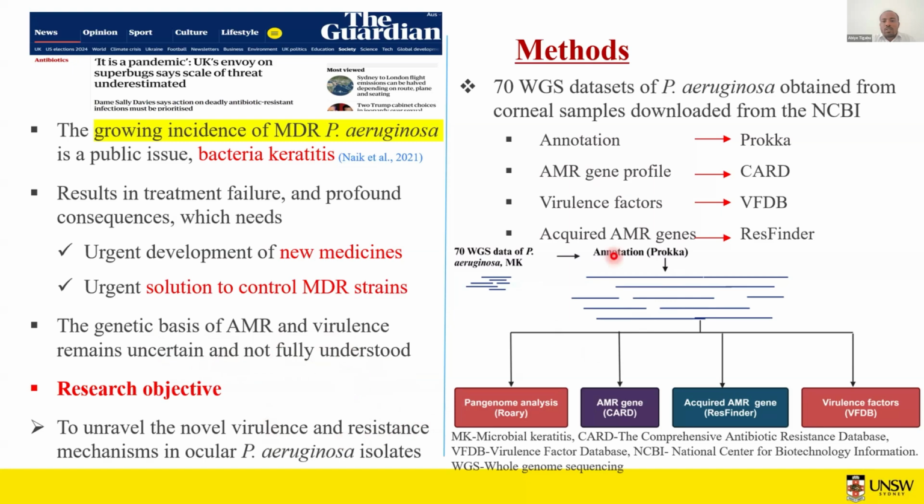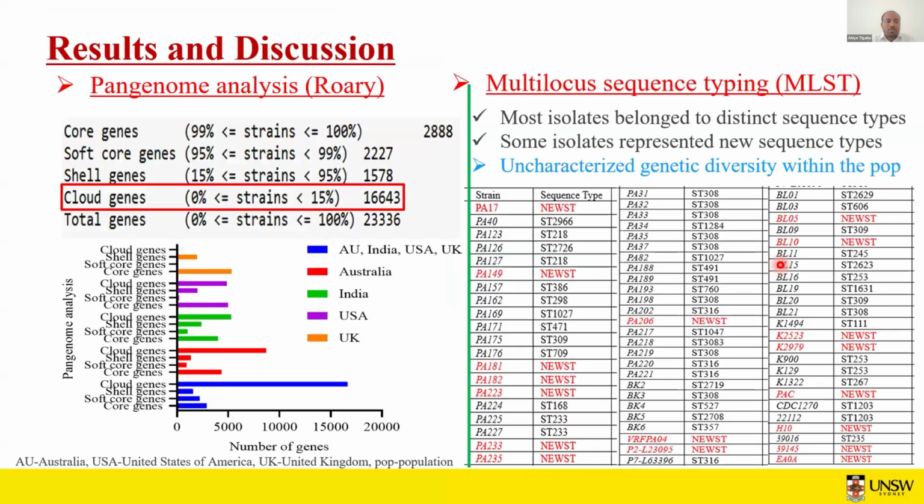To do this, we included 70 whole genome sequencing data sets of Pseudomonas aeruginosa obtained from corneal samples, and then used bioinformatic analysis: Prokka for annotation, CARD for the AMR gene profile, and other pipelines for virulence factor characterization, horizontally acquired antimicrobial resistance genes, as well as pangenome analysis.